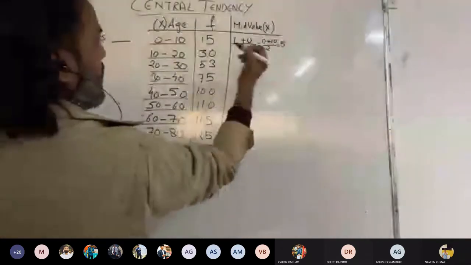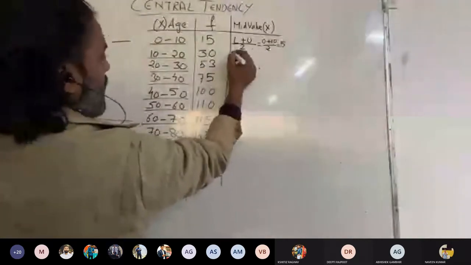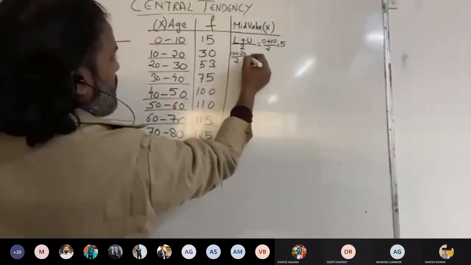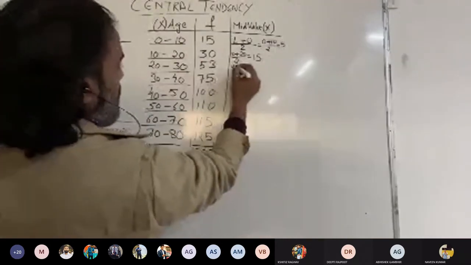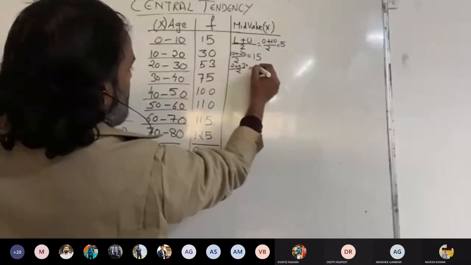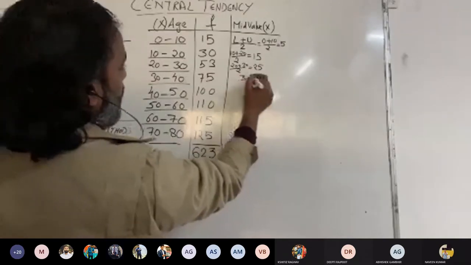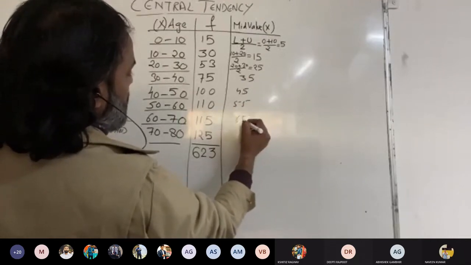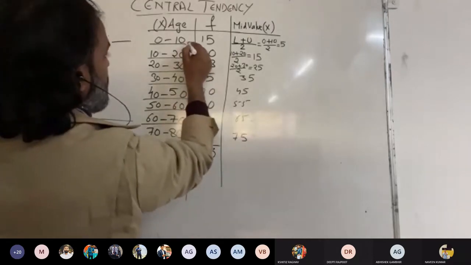Now, can you help me get the next one? 15, sir. It's 10 plus 20 divided by 2 equals 15. Next, 25, sir. 20 plus 30 divided by 2 is 25. And this becomes 35, 45, 55, 65, and 75. Very good.